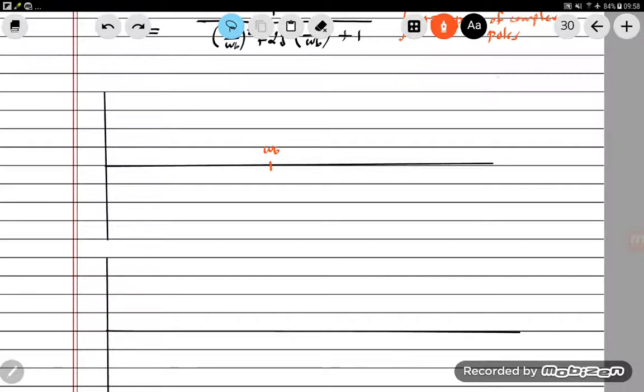Let's say our damping in this case is smaller than 0.5, for example. Then we know our magnitude plot looks like this, where we've got a peak of -20 log of 2 times zeta.